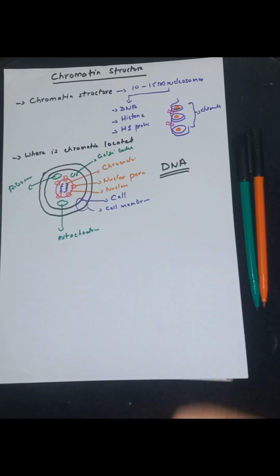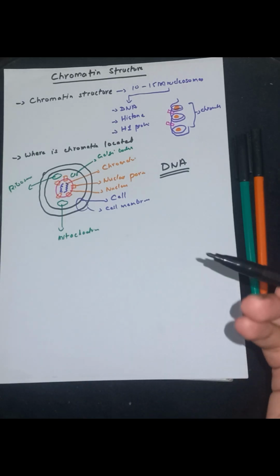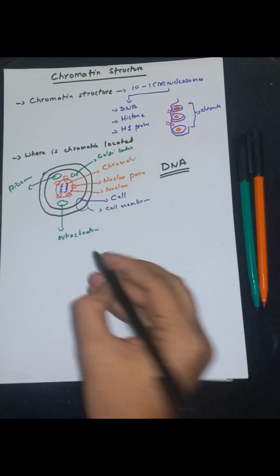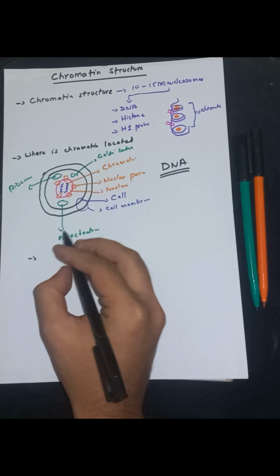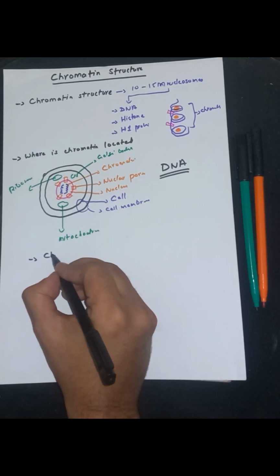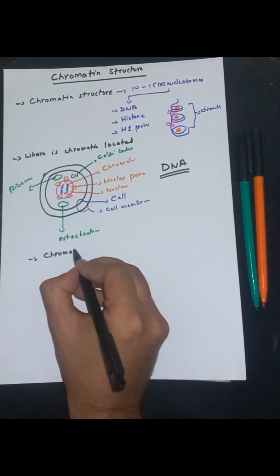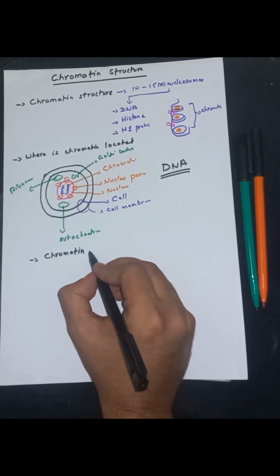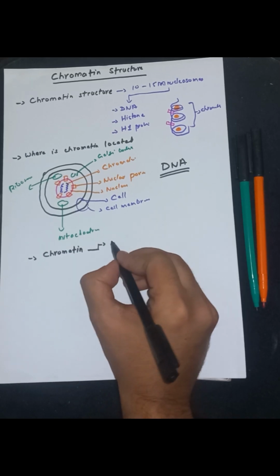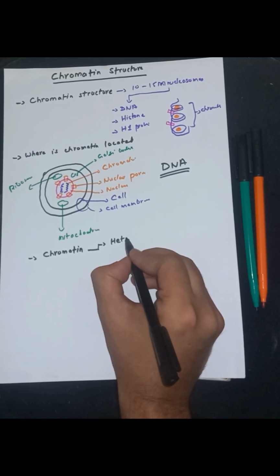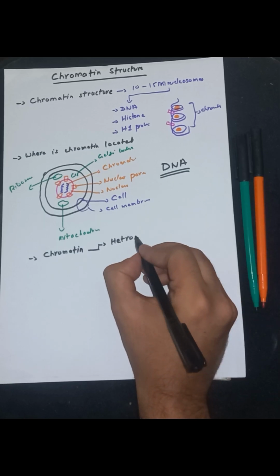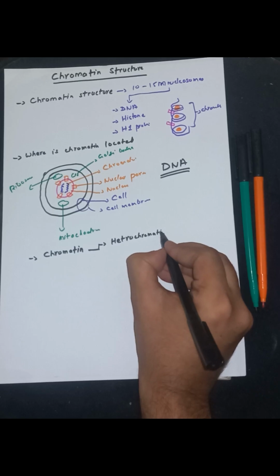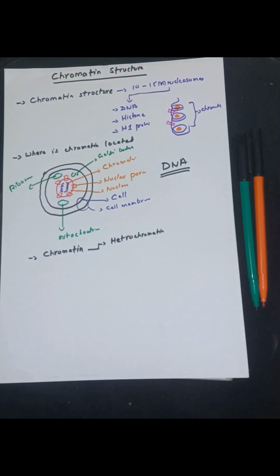So now let's discuss heterochromatin and euchromatin. What are those things? We already know what chromatin is. Heterochromatin is actually a part of chromatin, or you can say a structural differentiation of chromatin.